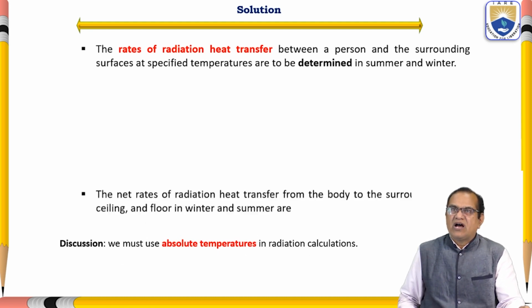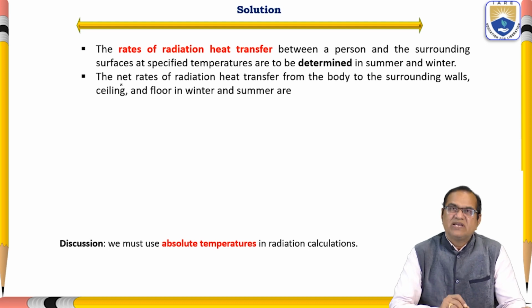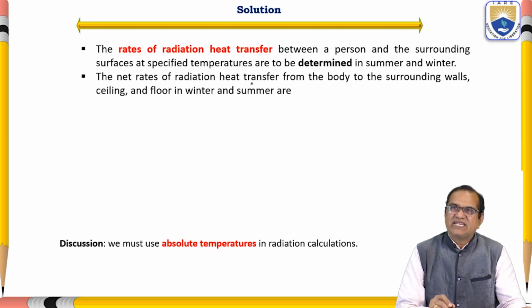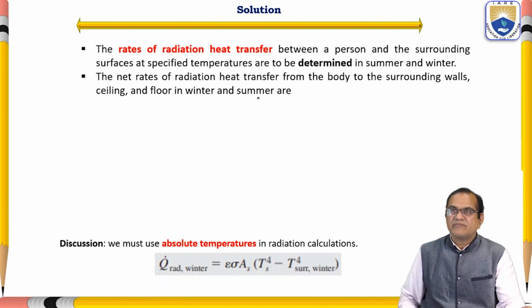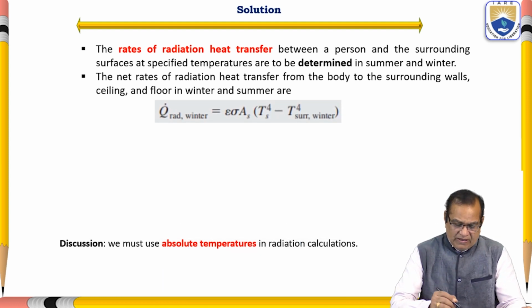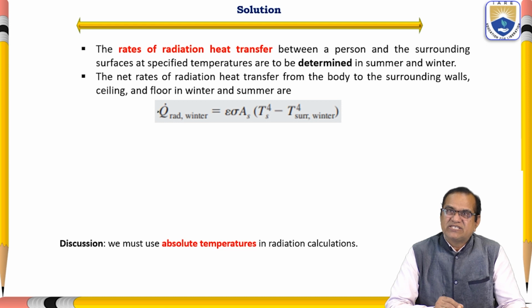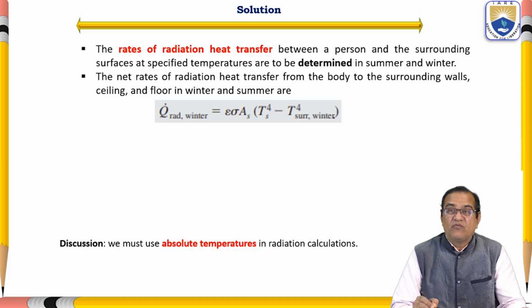The net rates of radiation heat transfer from the body to the surrounding walls, ceiling and the floor in winter and summer, we can write like this: Q dot radiation in winter is equal to epsilon sigma As (Ts to the power 4 minus T surrounding to the power 4) in winter.